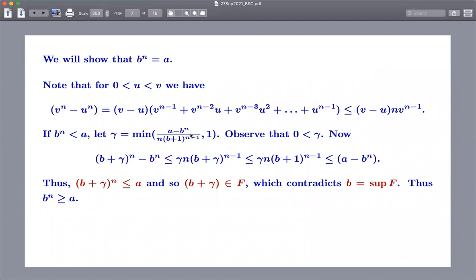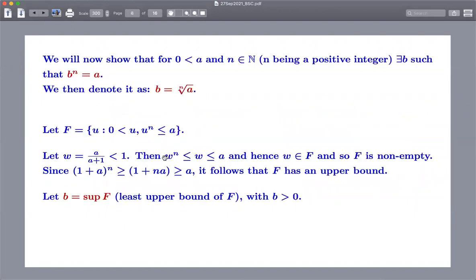So we have shown that for any positive a and a positive integer n, there exists a b such that b power n is equal to a, and we denote it as the nth root of a.